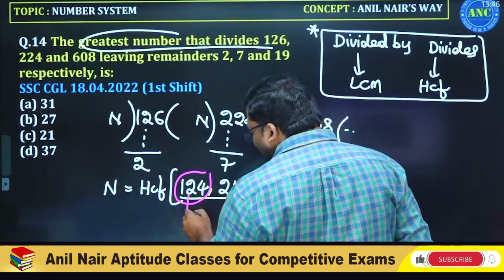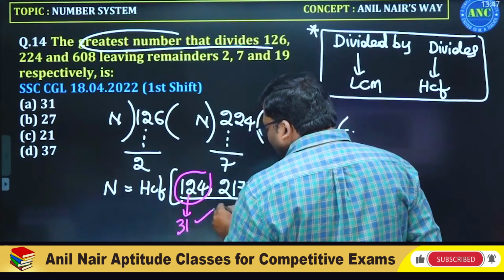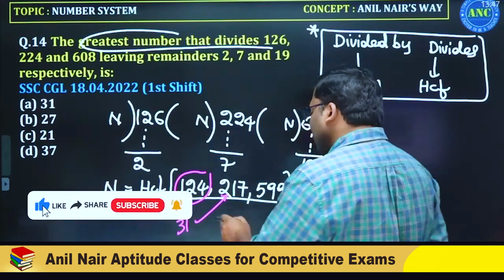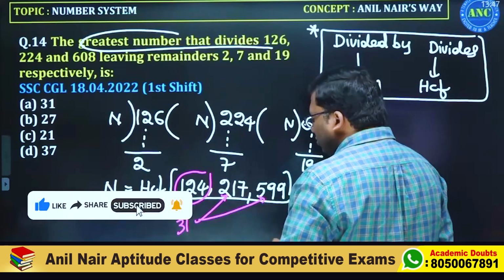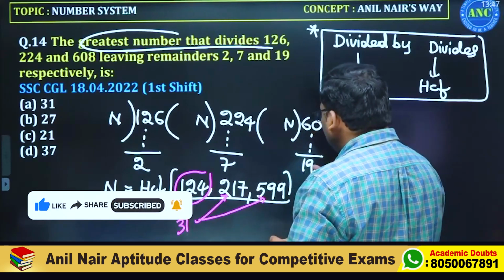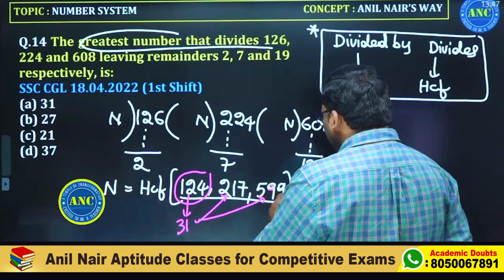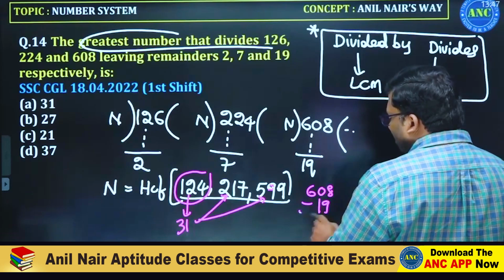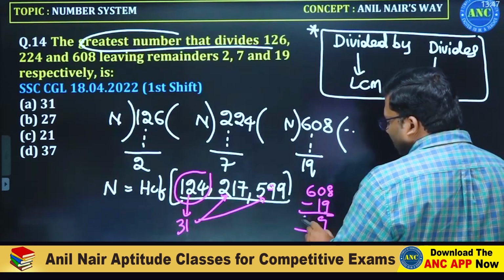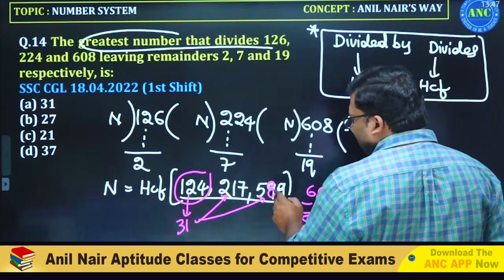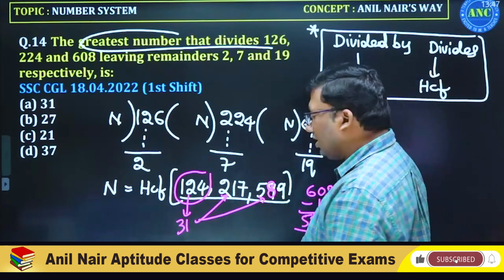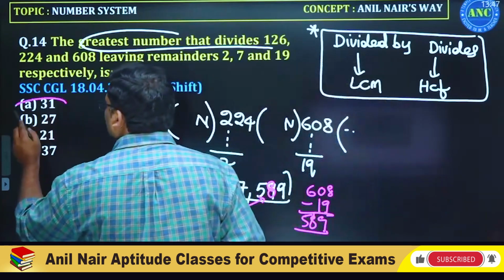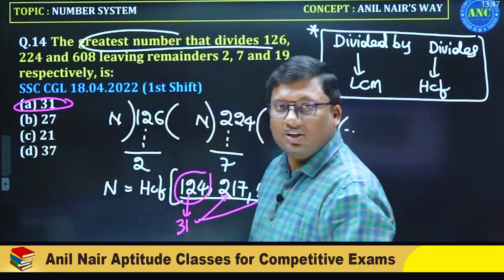Take the factor of 124, 31. 31 sevens are 217. 31 nineteens are 589. 31 fours are 124. So 31 will divide every other number. So the answer for this question is 31.